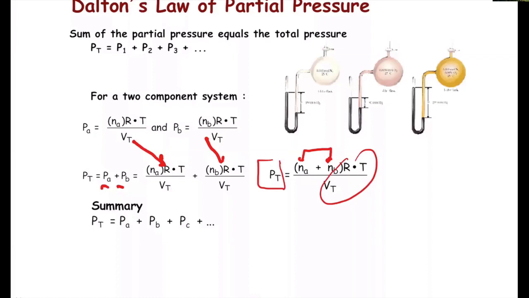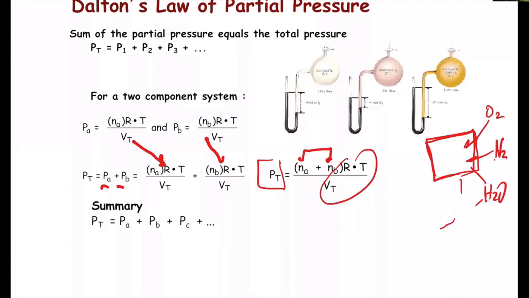If you're taking a container and you're pumping in different amounts of gas, like oxygen and nitrogen and water vapor, and you know that the volume is fixed, and you know that the temperature is constant, all you need to do is know the moles of each one of these, plug it in here, and then you can get the total pressure. Because what you're essentially doing is adding the partial pressure of water to the partial pressure of nitrogen to the partial pressure of oxygen, except you're simplifying the math because RT and V are all the same.